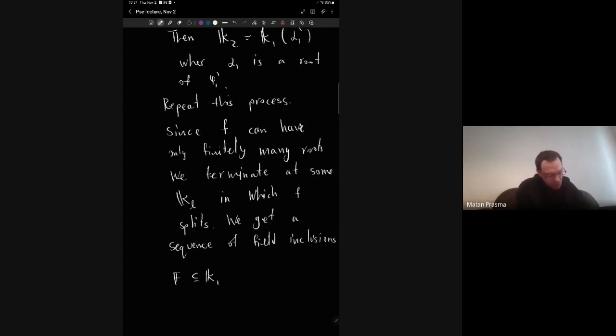Once we added this root, we continued until some KL. Let's call it K.